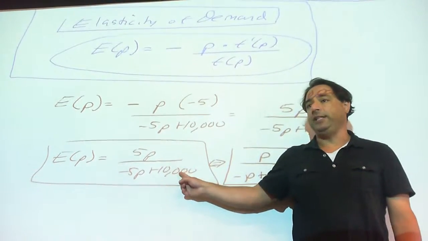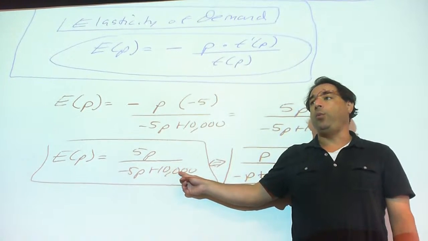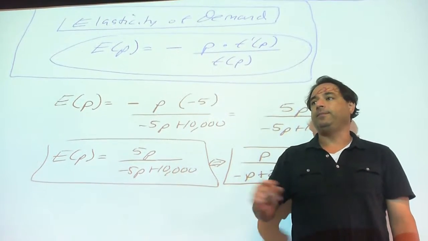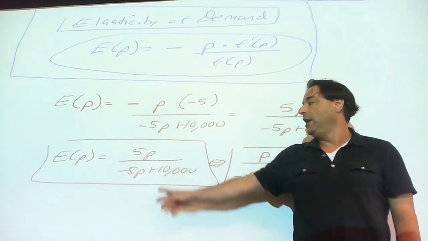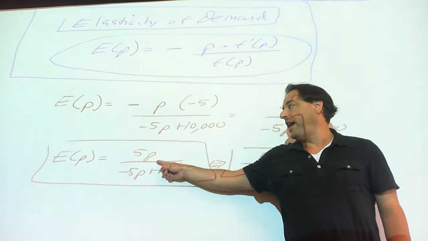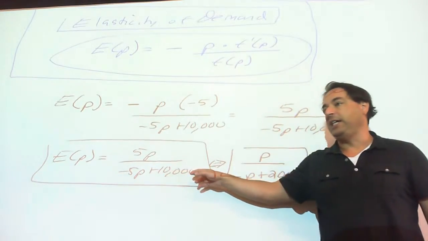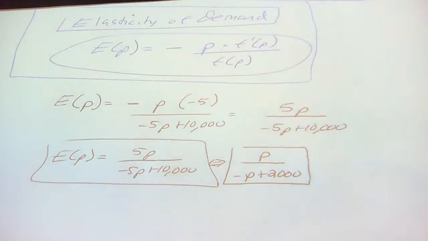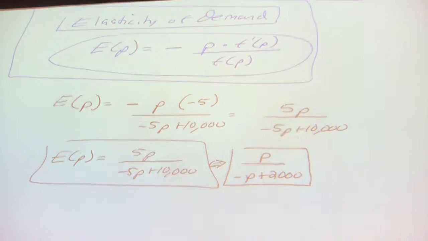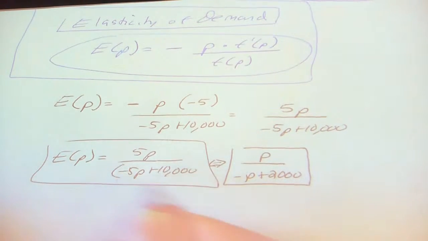So let's go to the calculator. Let's put this in Y1, and then we're going to plug numbers in. Be careful typing it in the calculator, because 5p divided by the entire denominator has to be in parentheses. Without the parentheses, it will come out wrong.